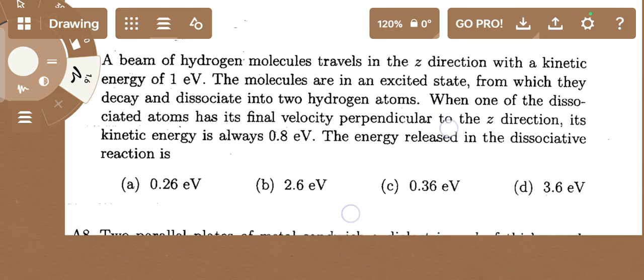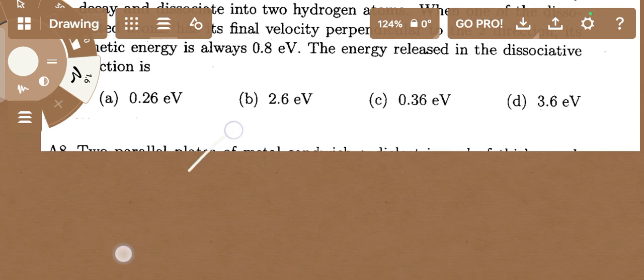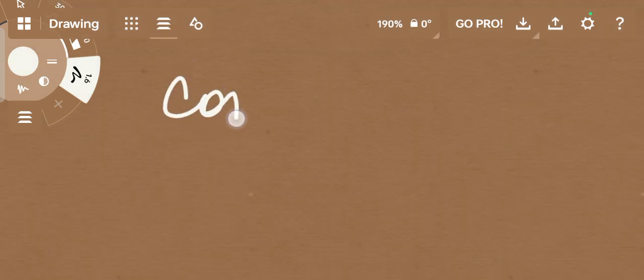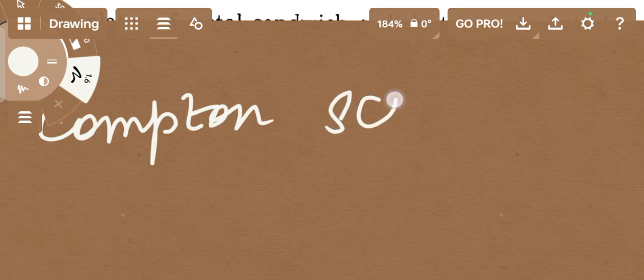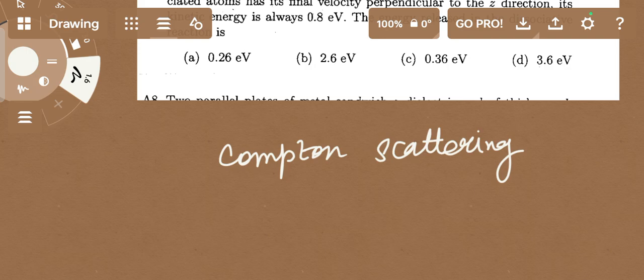Before solving this problem, there is an experiment that you should know, and it's called Compton scattering. It's in the modern physics chapter before, I think, the wave nature of particles.